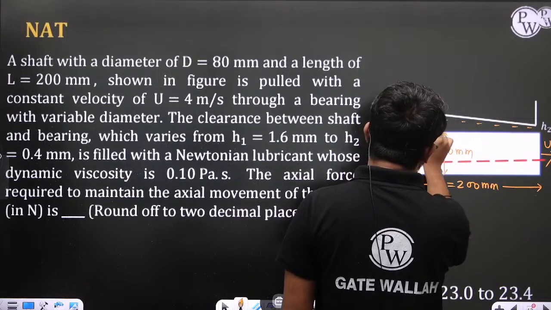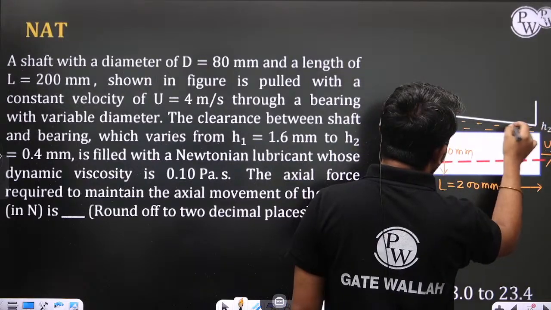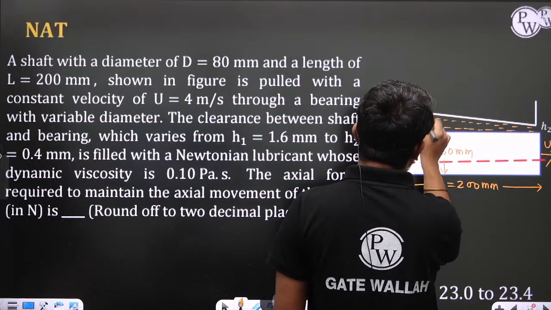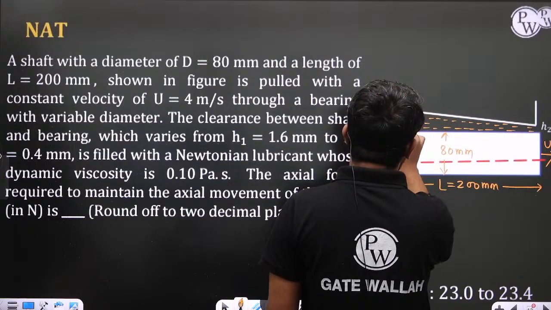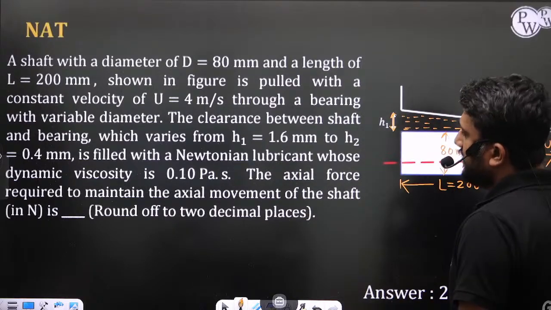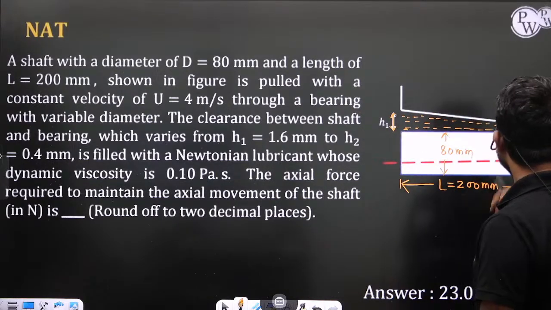Now, to reduce the friction, lubricant is used, and that lubricant follows Newton's law of viscosity. At this particular section the gap is H1, and at this particular section the gap is H2.